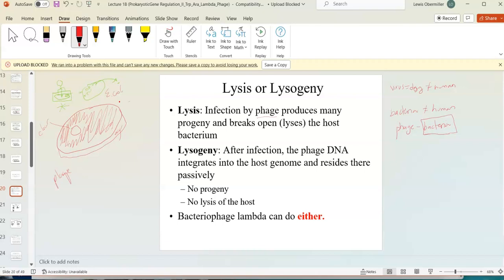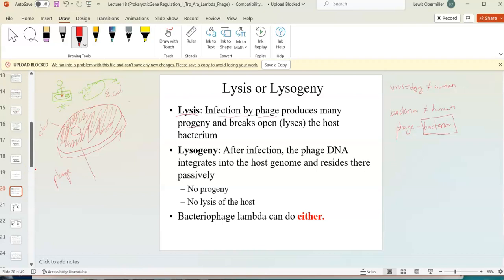So when a virus inserts its DNA into a bacteria, it can do two things. It can do something called lysis, which is this, where it will infect, make its progeny, break open the host, and then go on to the next.